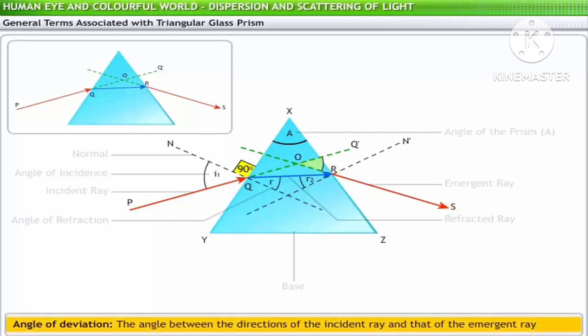The angle between the directions of the incident ray and that of the emergent ray is called the angle of deviation and is represented by the Greek letter delta or the English letter d. Here, angle Q'OR is the angle of deviation.